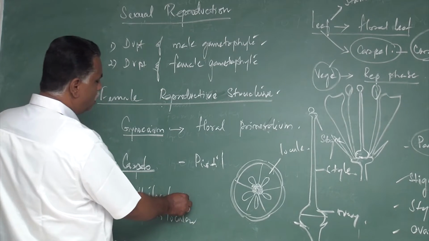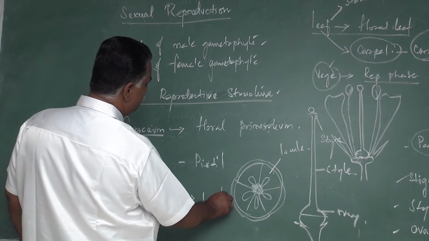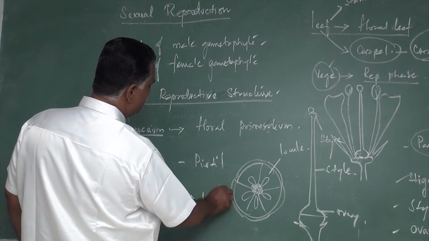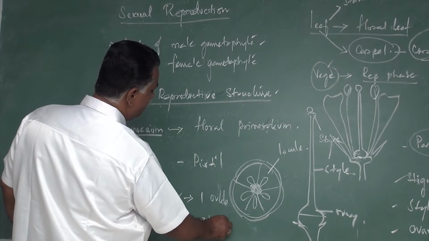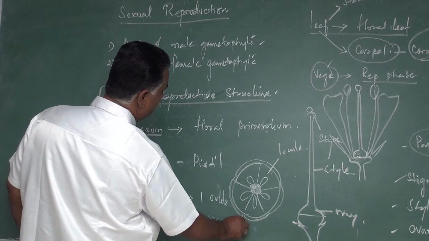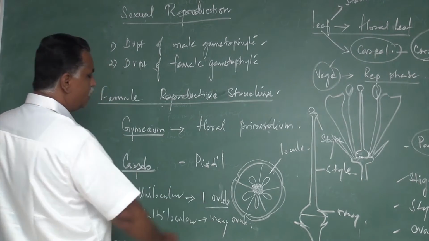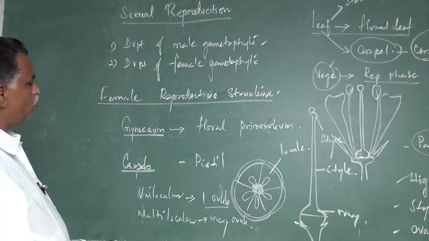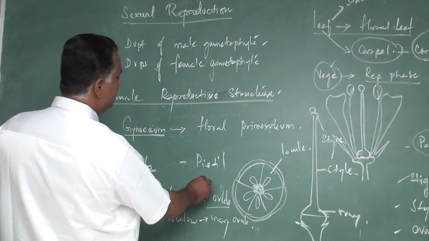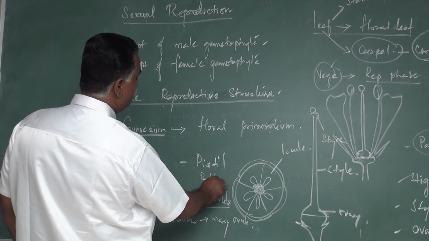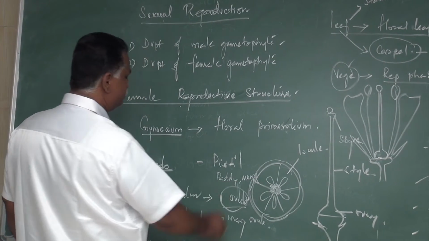In the unilocular, there may be only one ovule. In the multilocular, there may be many ovules. If there is only one ovule, that is called uniovulate. In cases like paddy and mango, there is only one ovule.